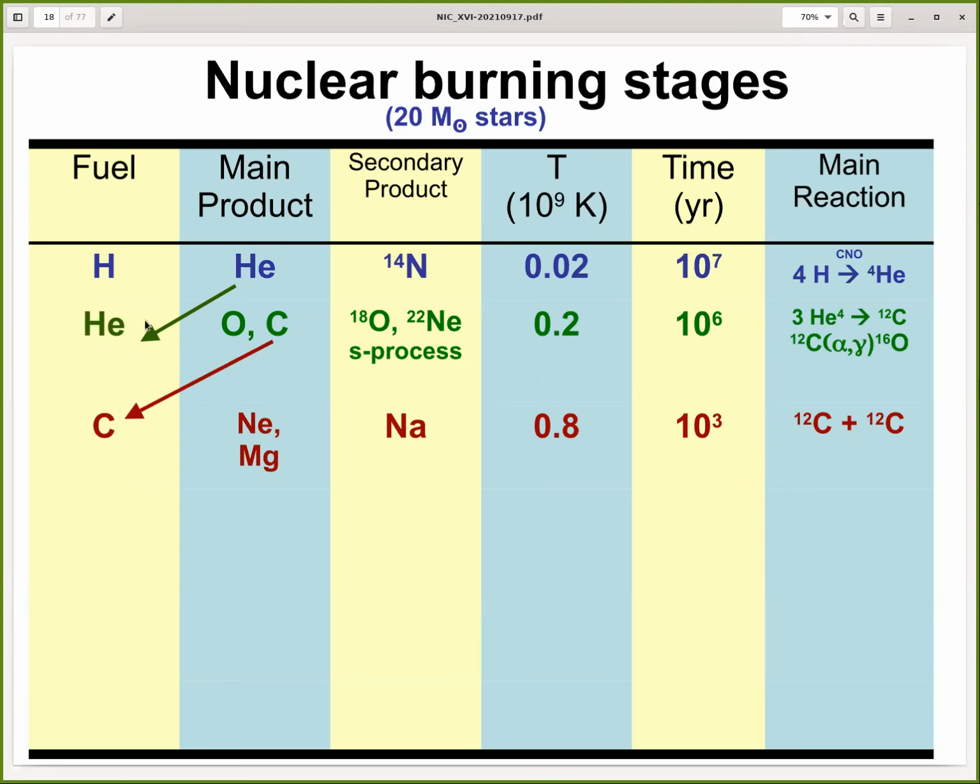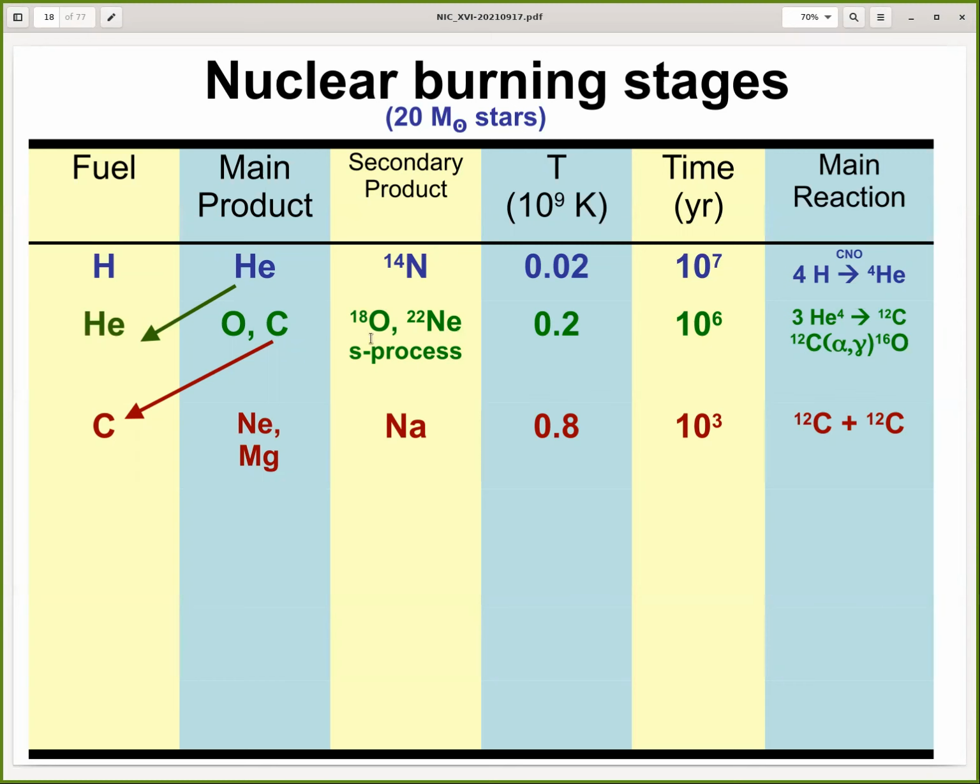So this was our helium burning, making carbon and oxygen by these two processes. We have seen there is a secondary production of oxygen-18 and neon-22, and that is actually being made out of nitrogen-14. This one can capture an alpha particle to make fluorine-18, which decays to oxygen-18, and then you can have another alpha capture to make neon-22. Later, towards the end of helium burning, this neon-22 can capture yet another alpha particle and release a neutron.